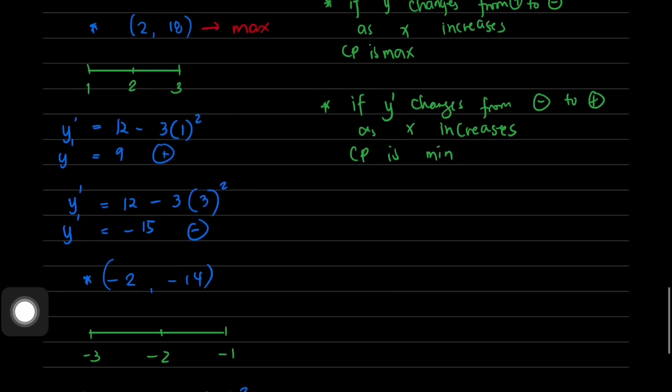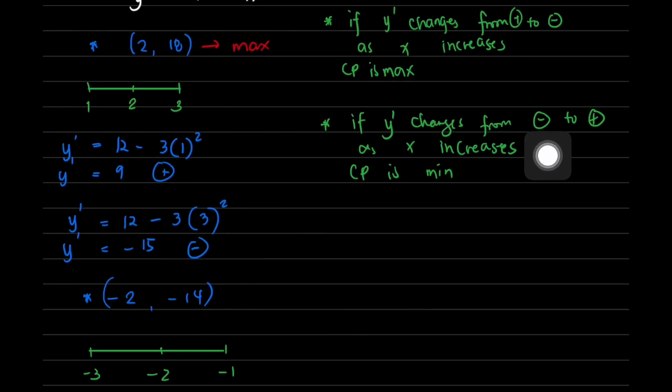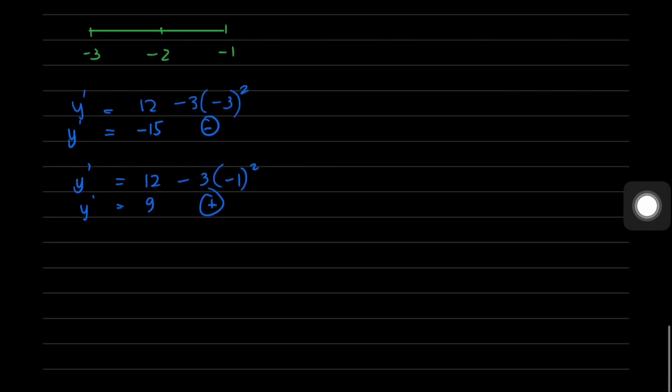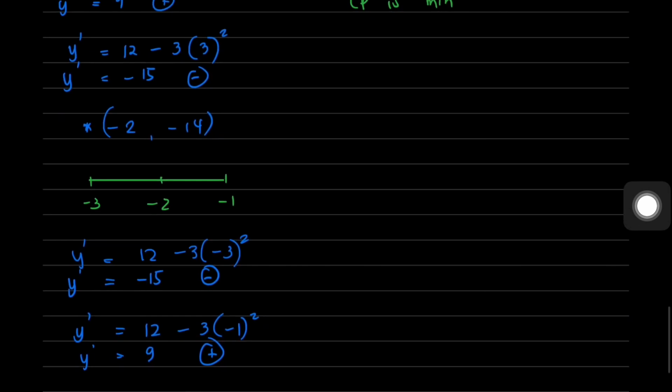And if we recall, if y prime changes from negative to positive as x increases, then the critical point is said to be minimum. So this critical point is a minimum point. So that is how to locate and classify critical points.